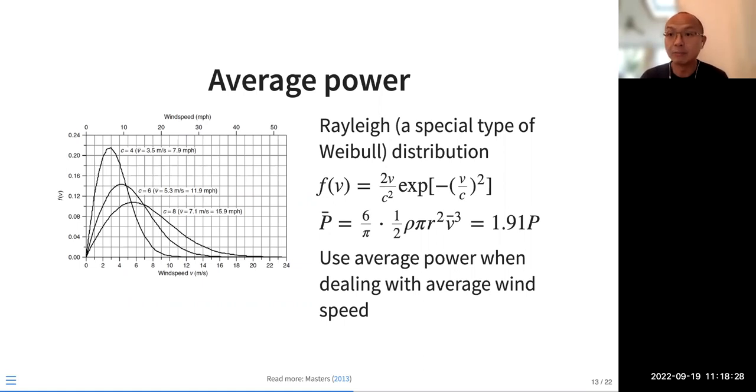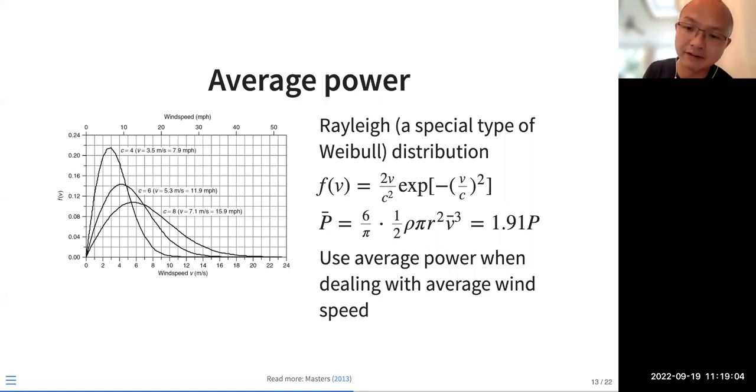That's a very important concept, because very often we only have the average wind speed. And in this case, in order to get the average power, we need to multiply by 6 divided by pi, which is 1.91. And that will help us do a reasonable estimation.